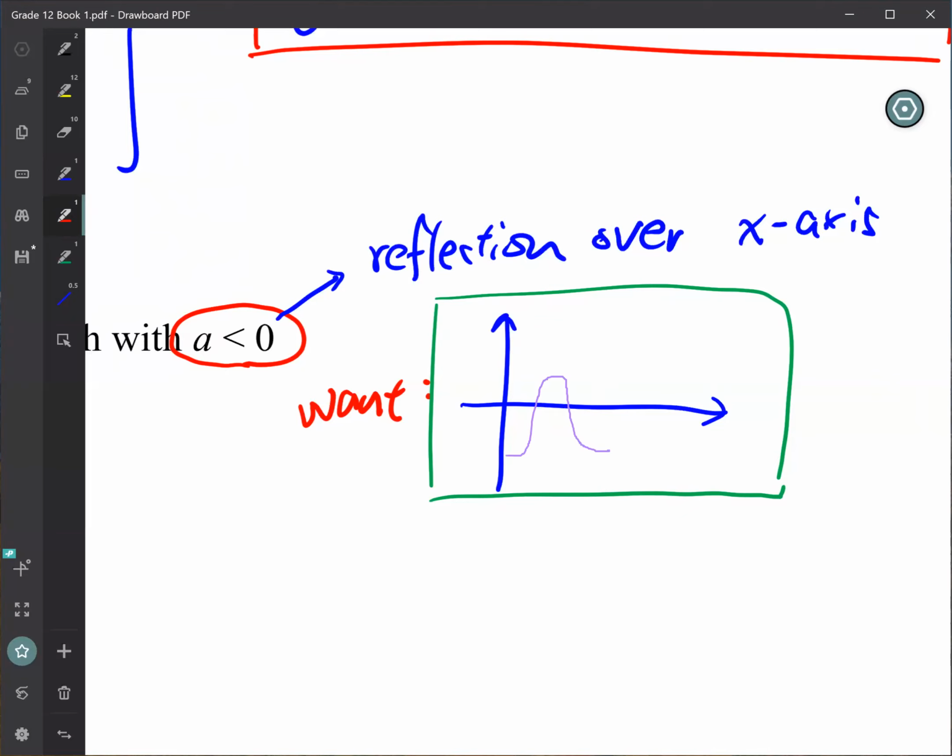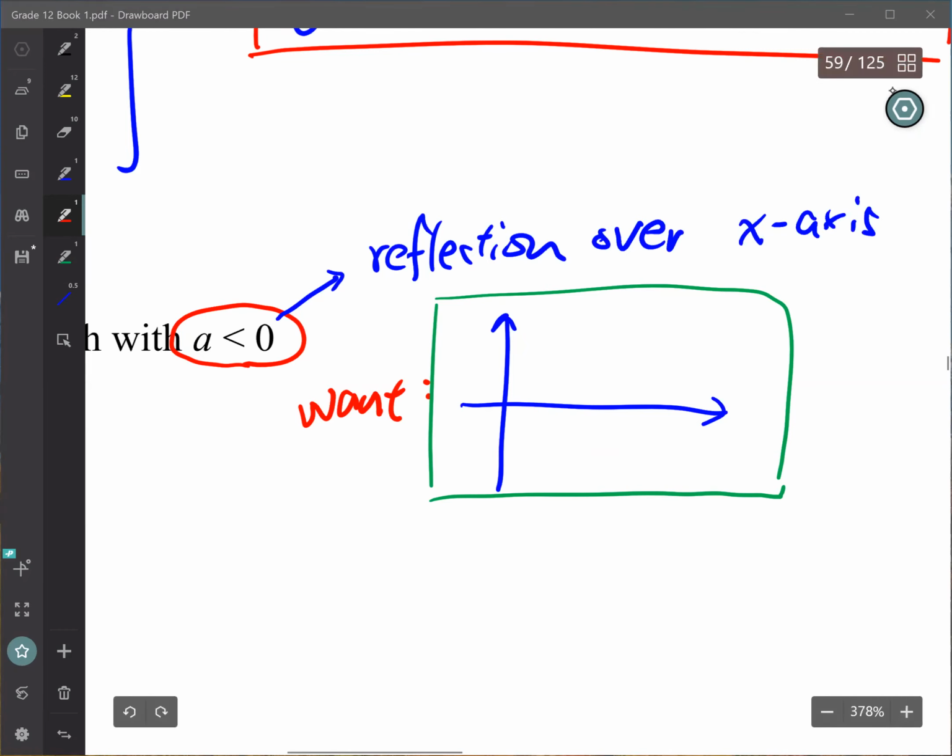So instead of starting from 1, it will start from -1, right? And then go up, up, down, down. So this is the reflection of a cosine. Let me erase that first. So it will go up, go down. So your origin is here.